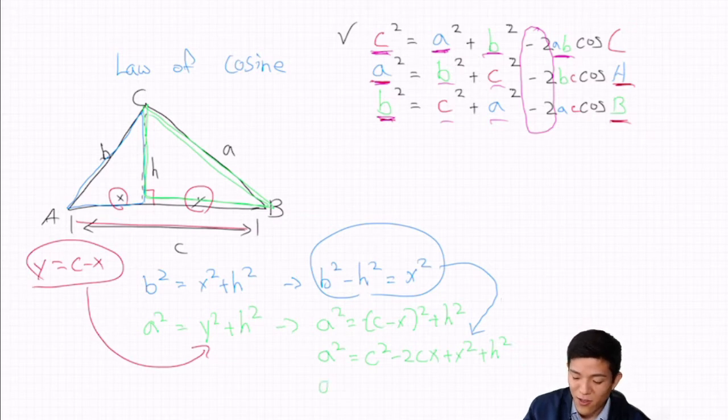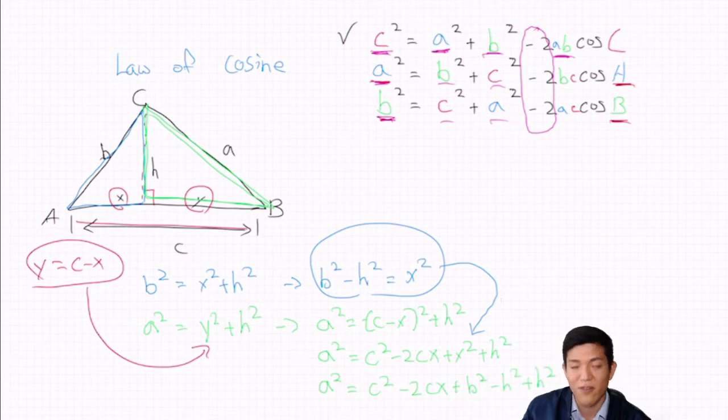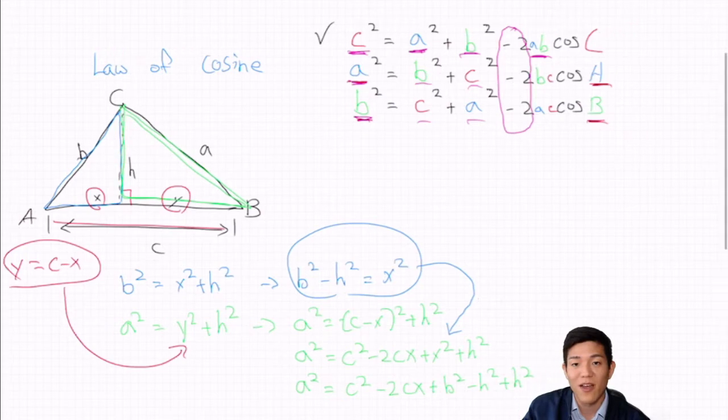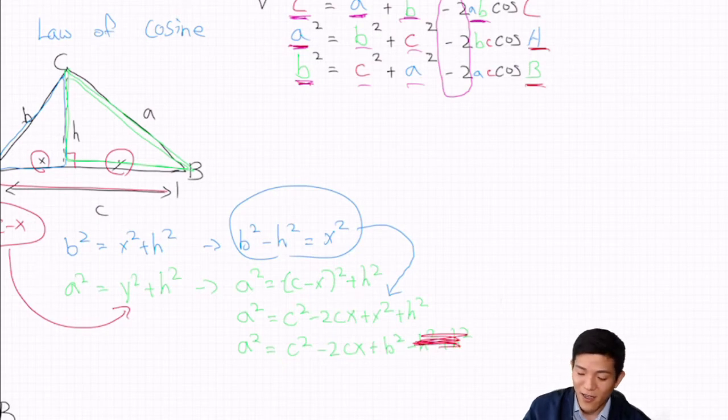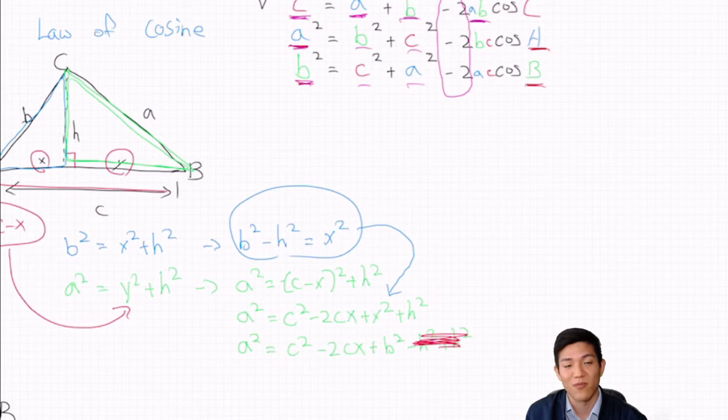I have a squared is equal to c squared minus 2cx, and instead of x squared I have plus b squared minus h squared plus h squared, right? Do you see how I have minus h squared and then plus h squared? So I can just cancel them out like that. Then I have a squared is equal to c squared minus 2cx plus b squared.